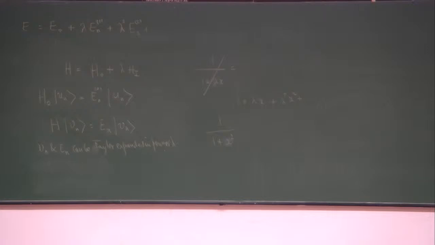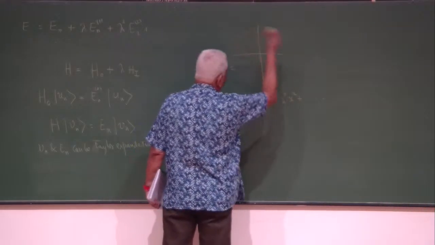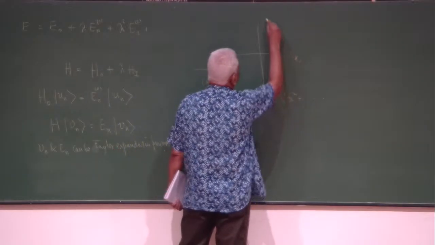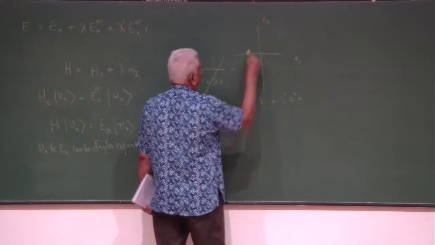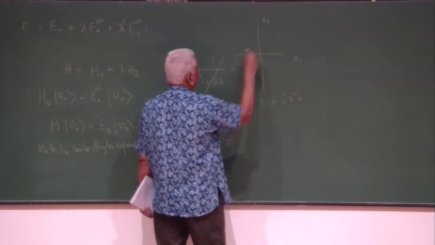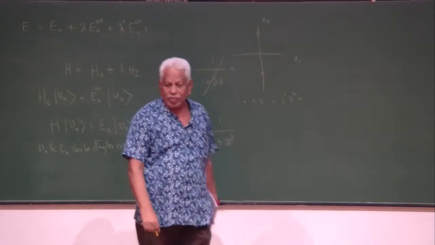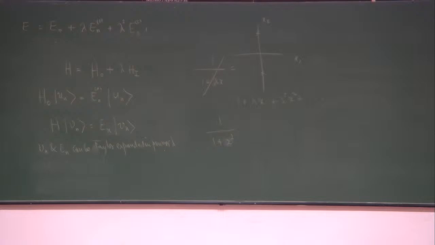Well, if you know a little bit of complex analysis, this is because there is a singularity in the complex plane of x, with x real and x imaginary. In this plane, x square is equal to minus 1, so this is plus i and minus i. It blows up at plus i and minus i. So it's only blowing up on the imaginary axis.